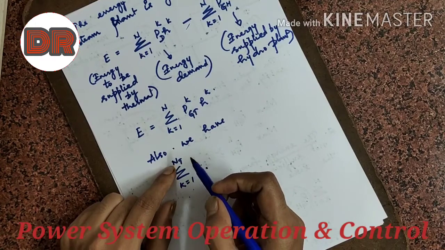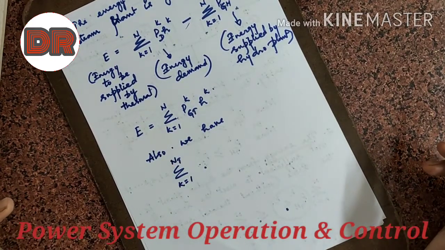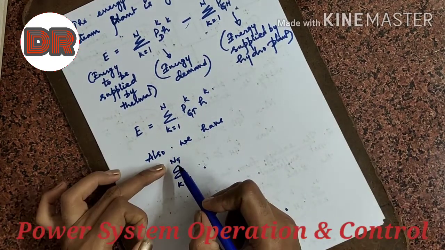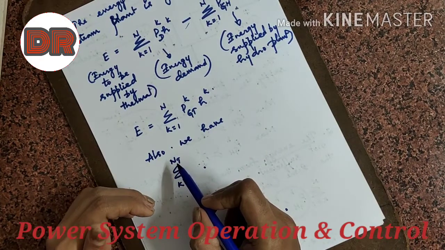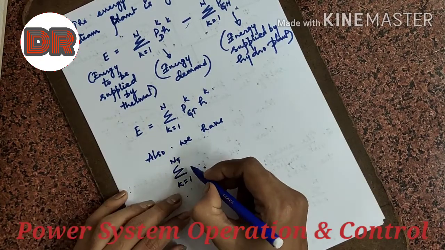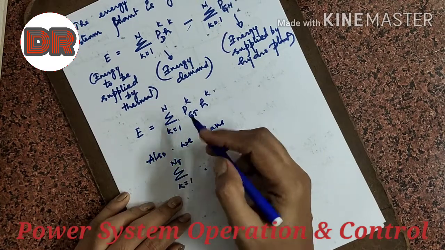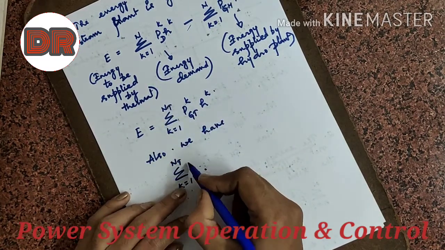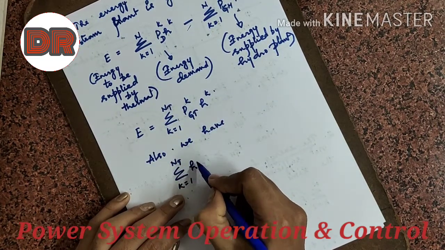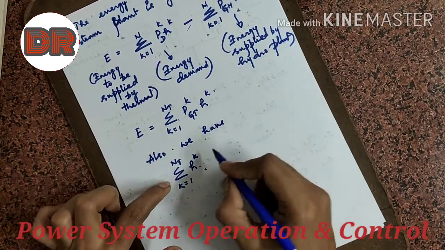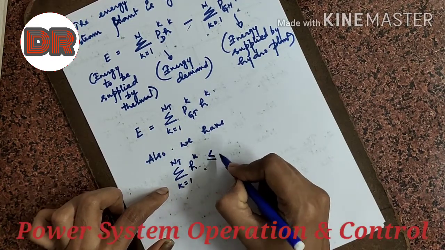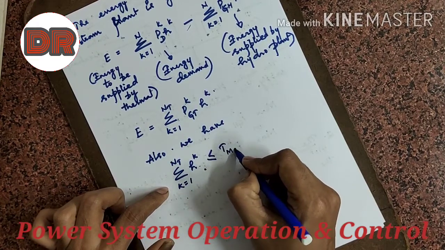So N is the total number of time intervals. NT is the number of time intervals for which thermal is on. So here I have to write NT. So this is HK. If I take only the time for this duration, this is less than T max.